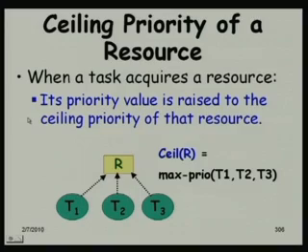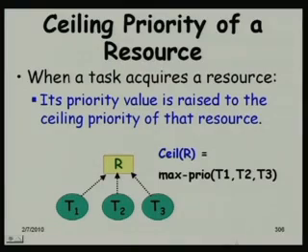That is assumed to be known: which task will use which resource, which data structure, which device, etc. Based on that, we know the priorities of these tasks, and we will set the ceiling priority of the resource R as the maximum priority of all the 3 tasks.